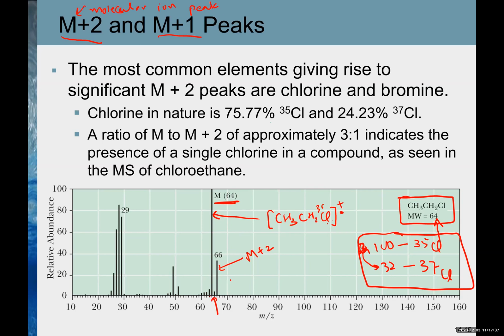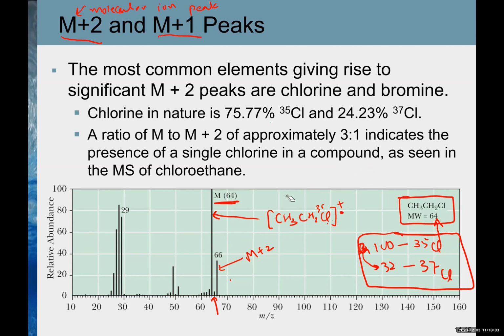What do you think that peak is? The chlorine by itself, like a chlorine radical? If it's a chlorine radical, that would be 35 or 36, right?